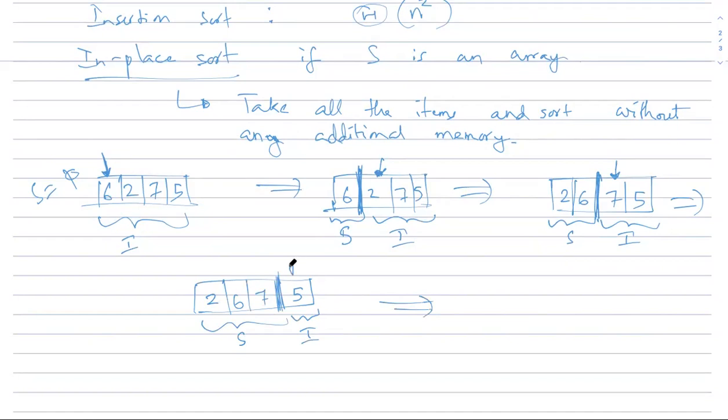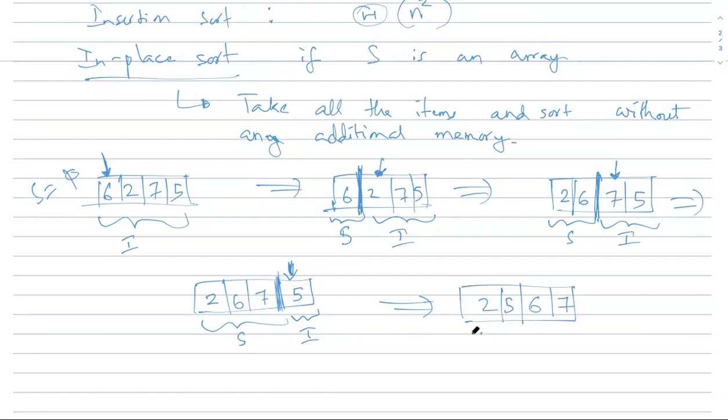And finally, the last one to be inserted is 5, and it keeps checking. Is 5 greater than 2? Yes. Then next it checks, is 5 greater than 6? No. And therefore it inserts this in the right place. So it shifts and positions 5 here and 7 here.